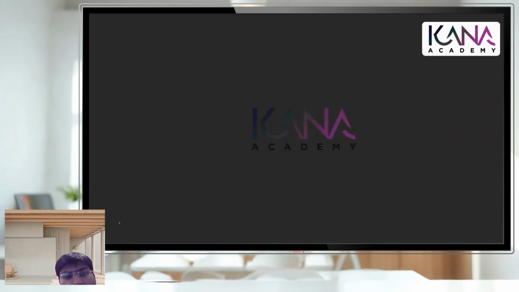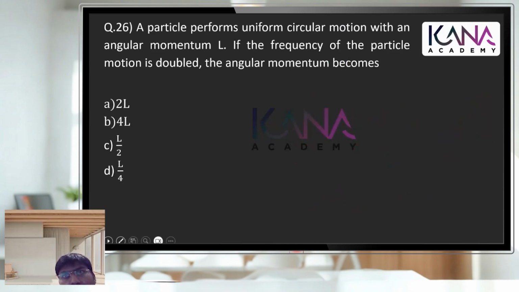Next one. There is a uniform circular motion, and angular momentum is L. If the frequency doubles, what is the new angular momentum?